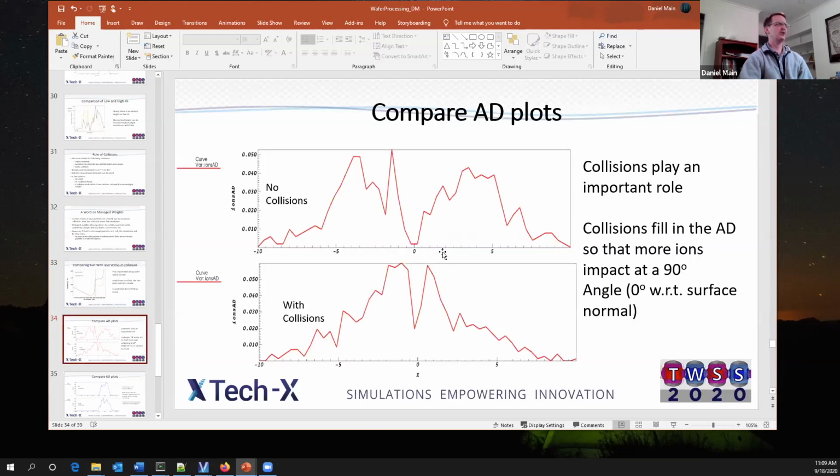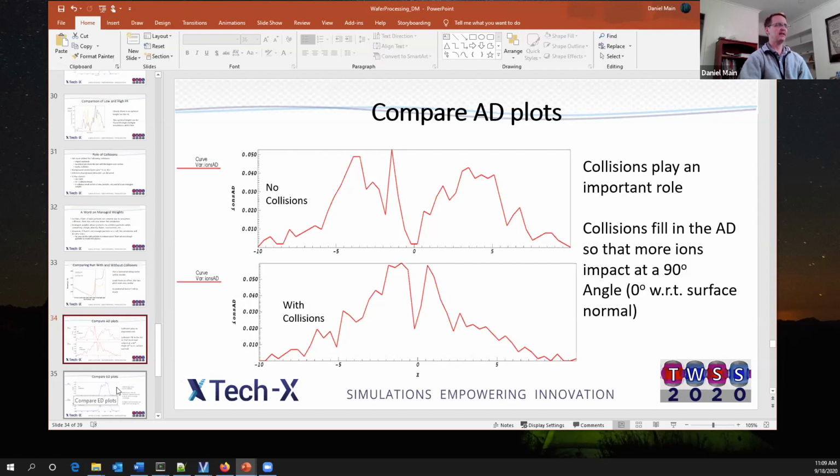But the ion angular energy distribution starts to fill in. So this is just the ion angular distribution. You start seeing more population, more ions impacting towards 0 degrees here. And in fact, we now see more particles hitting right at 0 degrees.